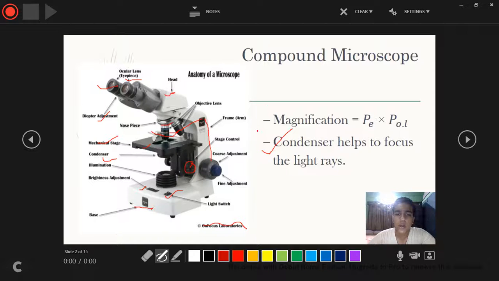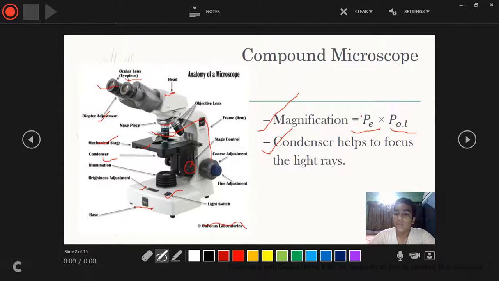This is very important: magnification, how to calculate the total magnification of a slide. That is a very interesting topic. PE into PO, or OL. That means what? No one knows, I have written it in short form.